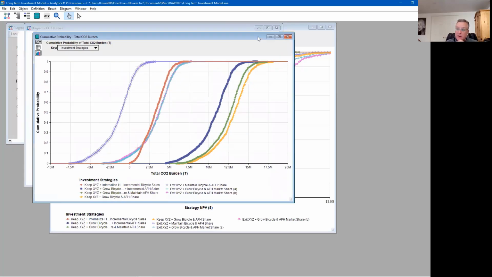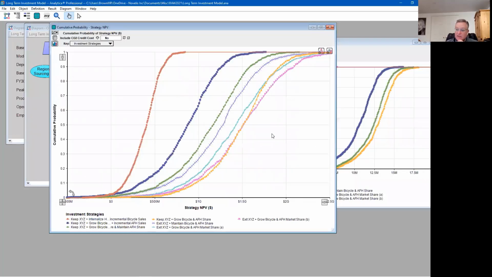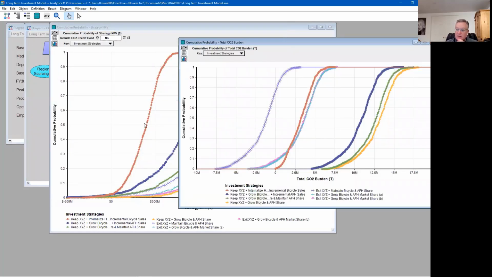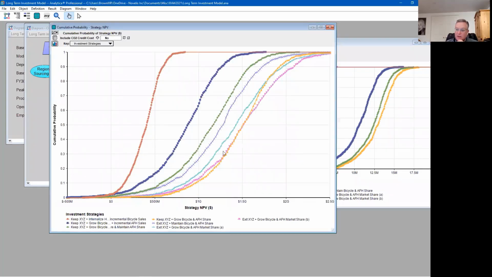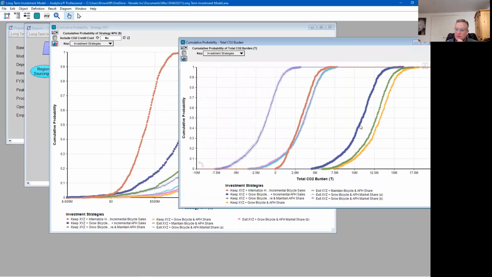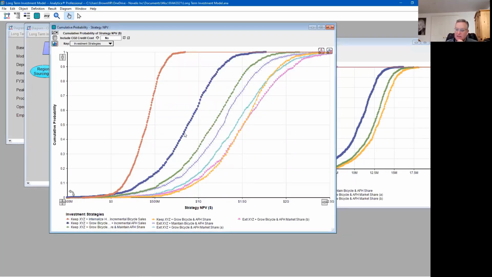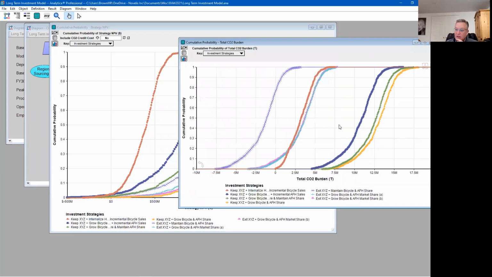So if we compare both of these curves, of course, this is a little difficult to make a clear distinction. Well, okay, I see I can make a lot of money over here using these strategies. As you can see, this strategy which produces the least amount of net present value also has the greatest probability of failure.